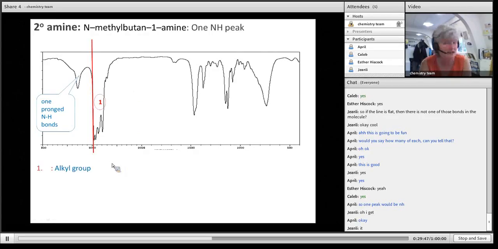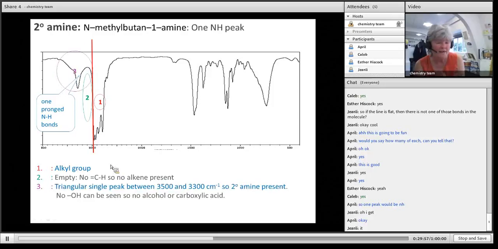I've got alkyls, CH3s or CH somewhere along the line. I don't have a C double bond attached to a hydrogen. I have a single triangular peak, it doesn't necessarily have to be little, based in a similar area to the alcohols, around about 3,300.